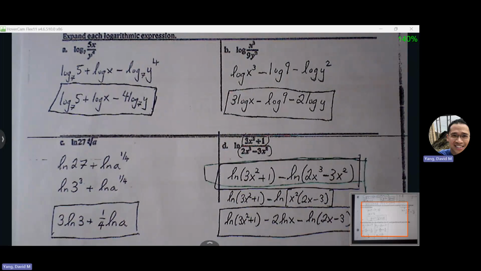And then for part D, once you get to that first step, that's good enough. You don't have to go any further. And also, we've got to be careful, right? If I have natural log of A plus B, I can't distribute that natural log through. This is pretty much stuck.